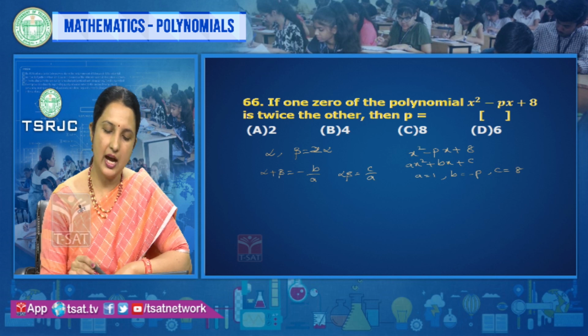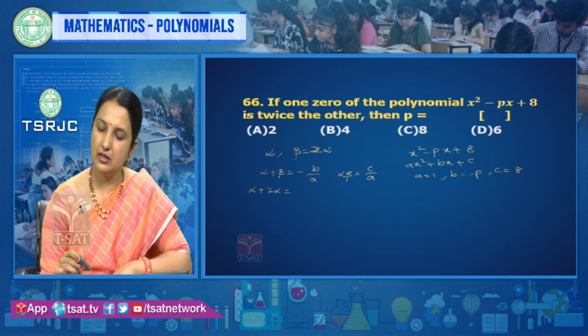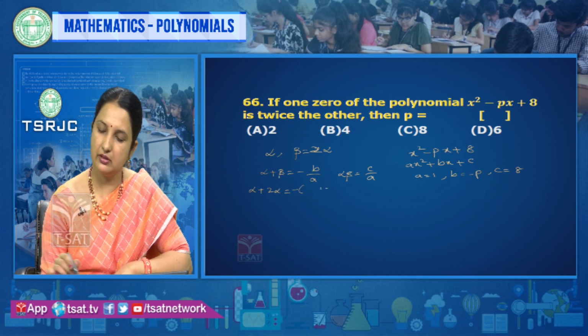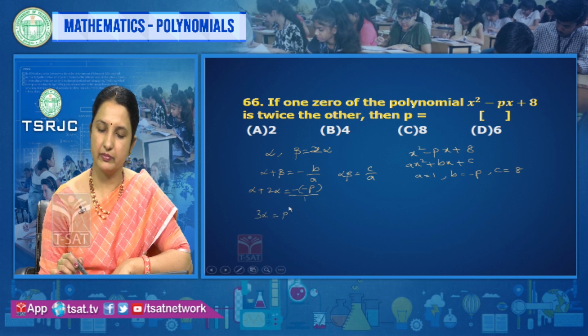Substitute here: alpha plus beta, alpha plus 2 alpha equals minus b by a. In the place of b we can write minus p, divided by a which is 1. So, alpha plus 2 alpha is 3 alpha equals p.